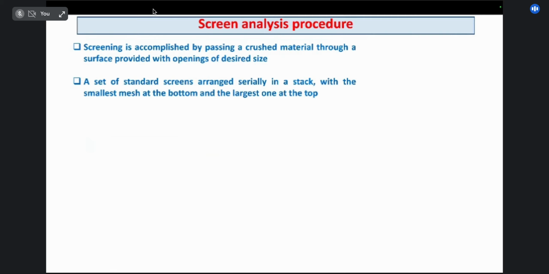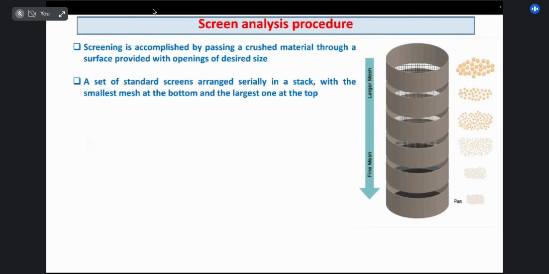As you can see, all the screens are of standard size, and they are stacked one above the other. The larger mesh size, the coarse material, will be on the upper side, and as you go down the aperture size is reduced, and you get the fine material at the bottom.